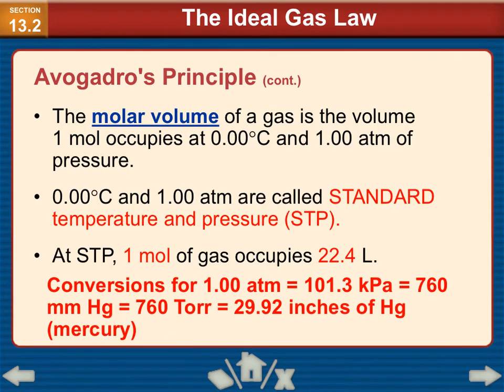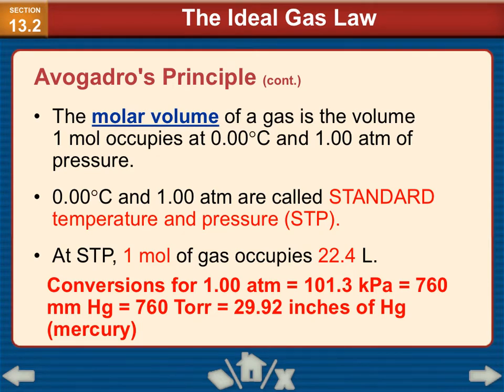In this slide, we explore the idea again of a molar volume, which was introduced to us from the stoichiometry unit in dealing with gases. And again, at STP conditions, which is 0 degrees C for temperature and 1 atmosphere pressure, 1 mole of gas will occupy 22.4 liters.